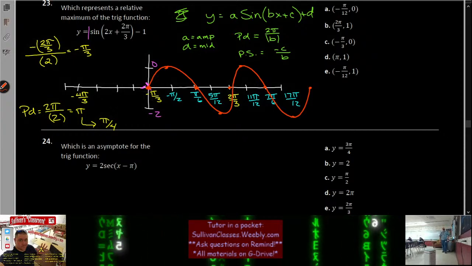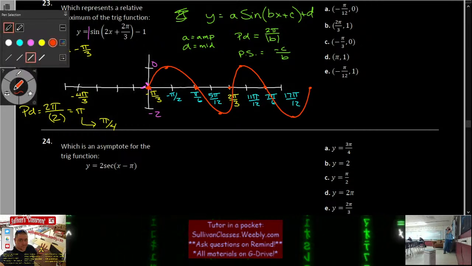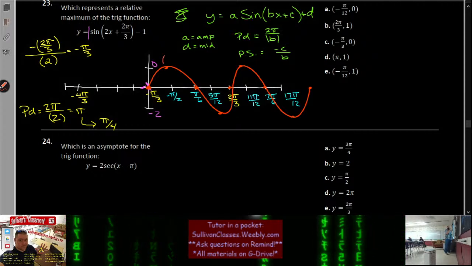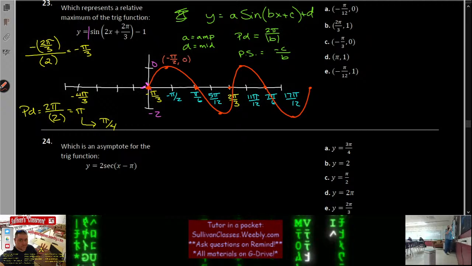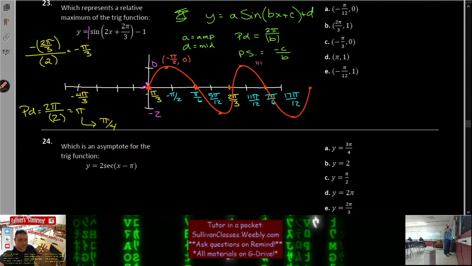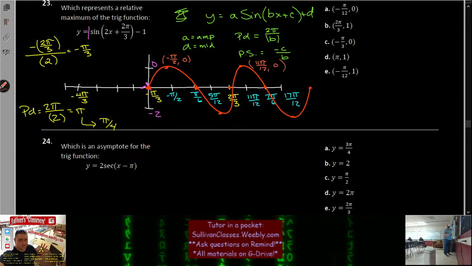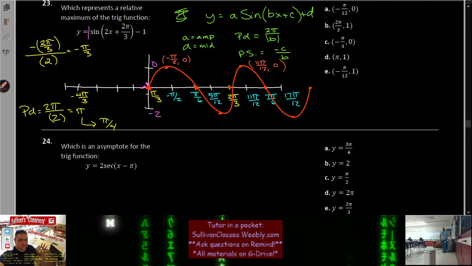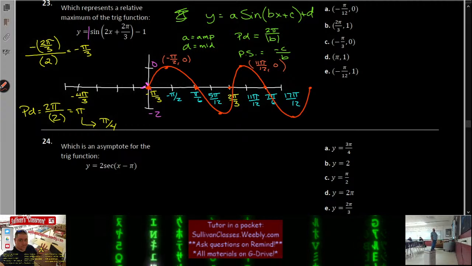So which of these is a relative maximum of the function? Well, here, this coordinate is negative pi over 2, 0. This coordinate is 11 pi over 12, 0. Those are maximums. Are none of them it? Oh, that's a 12.